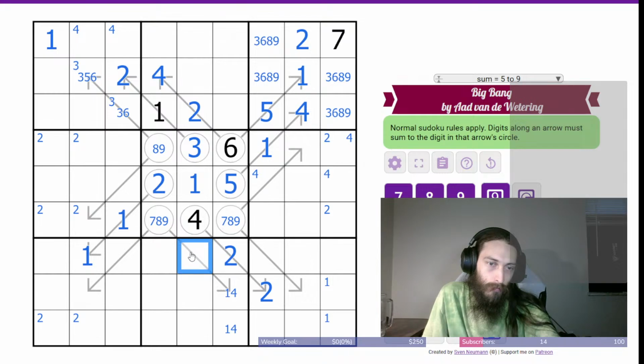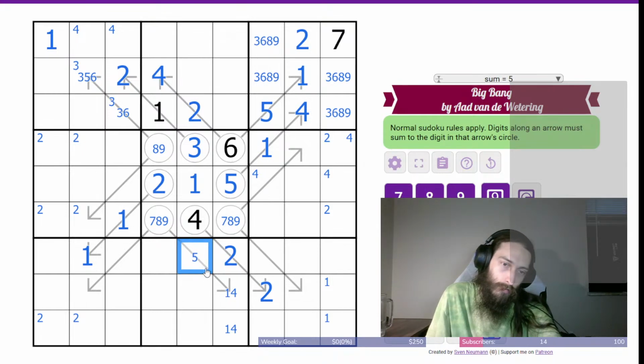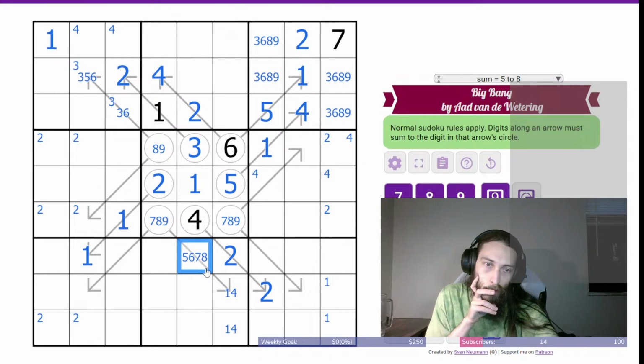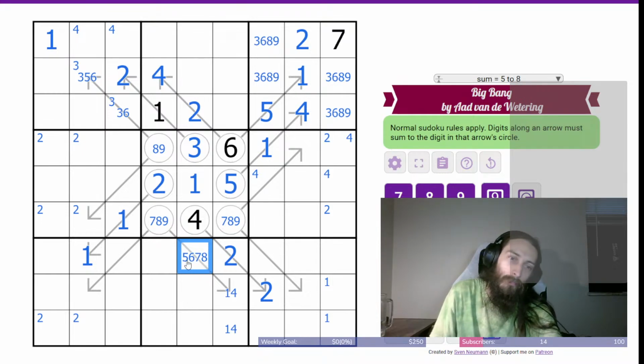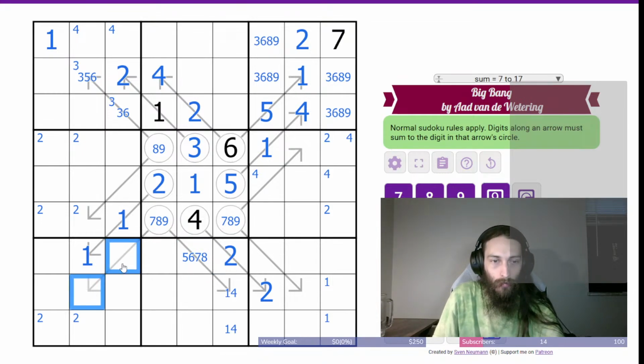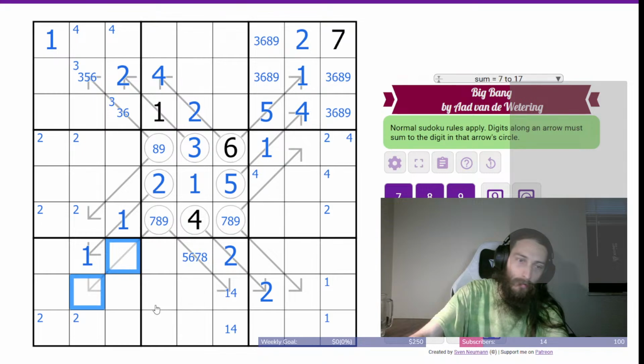What about... Well, with this we know is 1 or 4. And this is minimum 5. Or actually, this one... You can't put 1 or 2 in either of those.